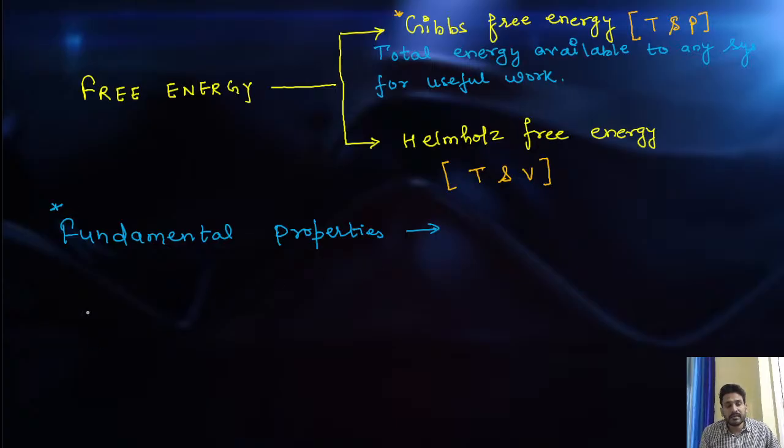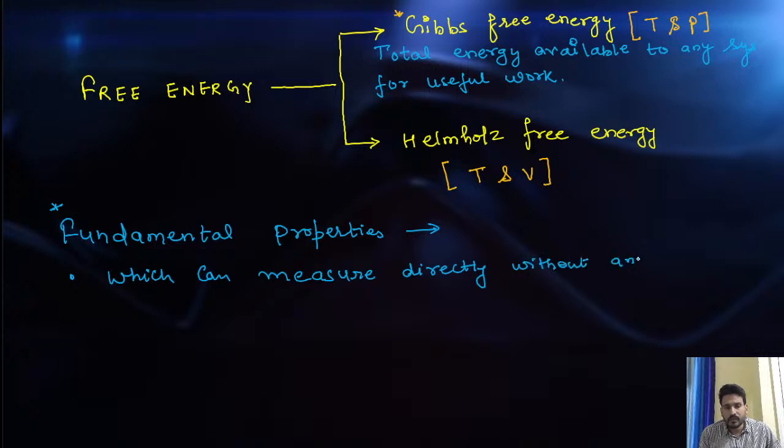So the fundamental properties are those properties which can be measured directly without any help of other properties. This is the basic definition of a fundamental property. Is it clear to you?